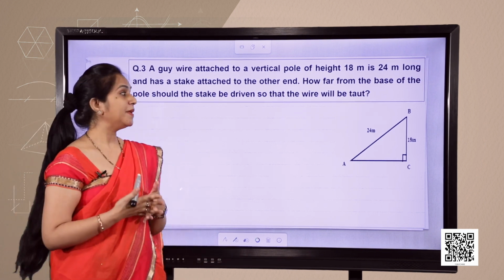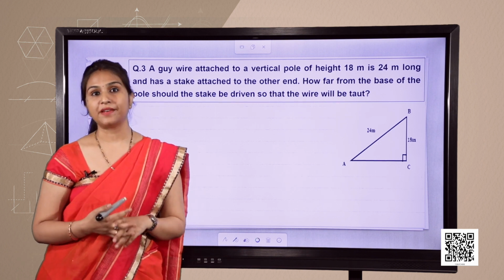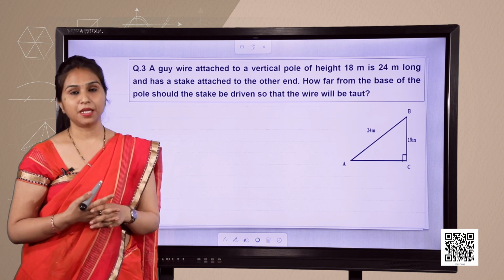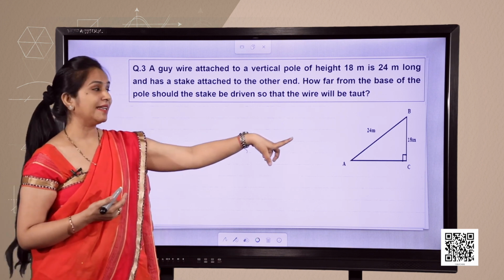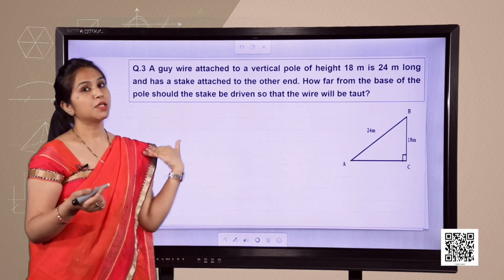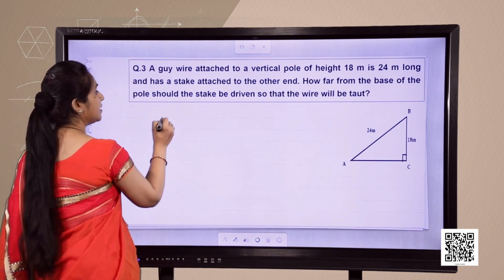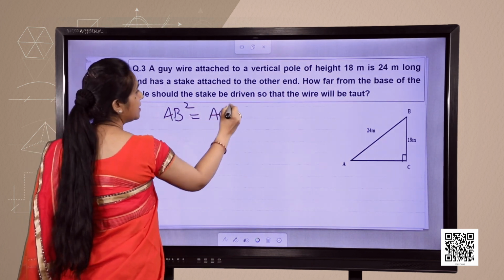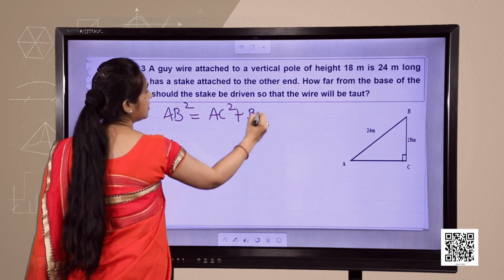It means ABC is a right angle triangle, and when ABC is a right angle triangle, Pythagoras property is applicable here. Now angle C is 90 degree, it means which one is the hypotenuse? It is AB. So what we can write? We can write AB square is equal to AC square plus BC square.